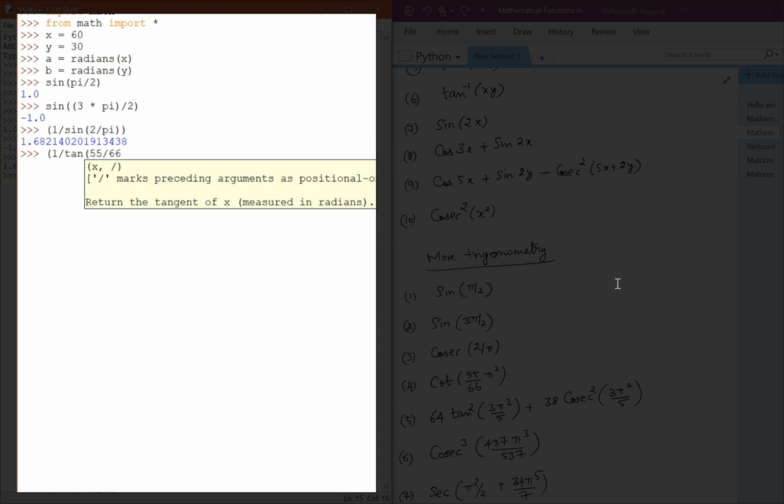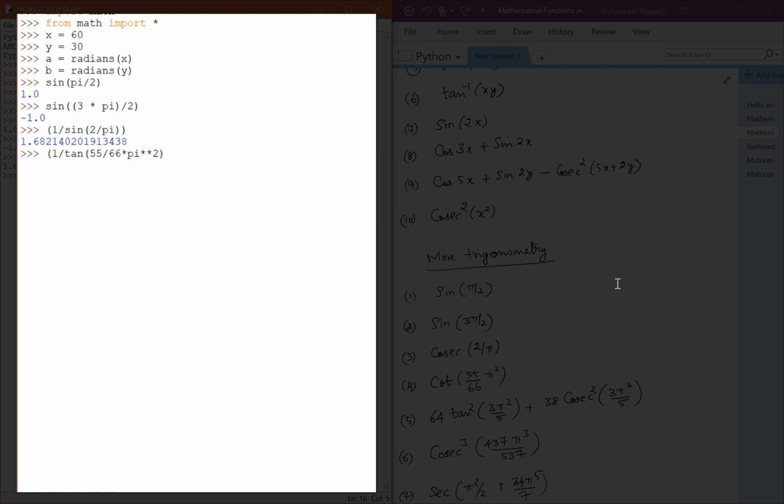55 by 66 times pi square, one bracket less. Now, 64 tan square 3 pi square by 5. Now we need to be a little more careful.